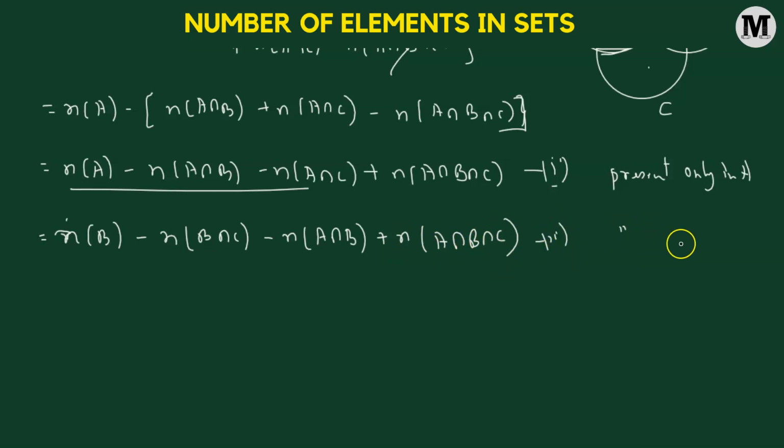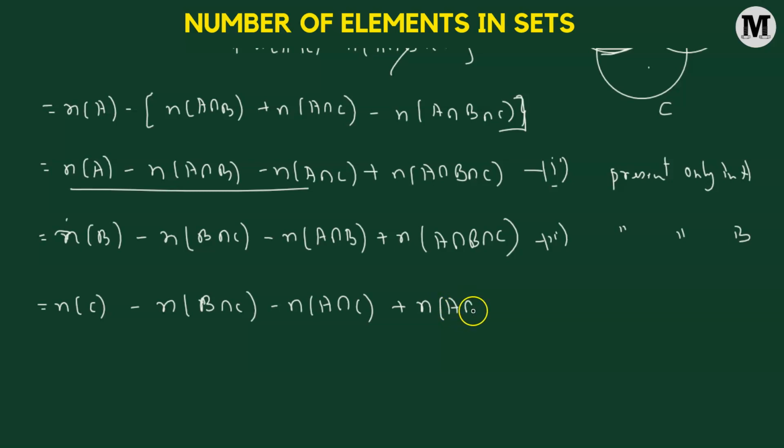So this is only going to be present in the set B. And finally, we have the elements present in only C. So that's going to be the total number of elements in C, but we need to subtract from it the elements common to B and C, as well as the elements common to A and C. But we need to add the total number of elements in A intersection B intersection C. So this is the element present in the set C only.